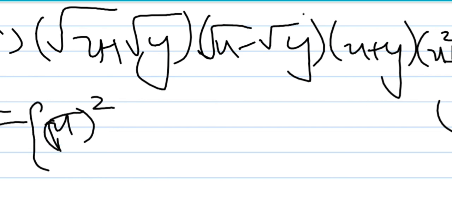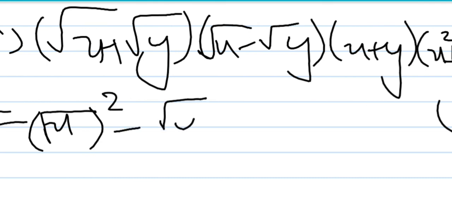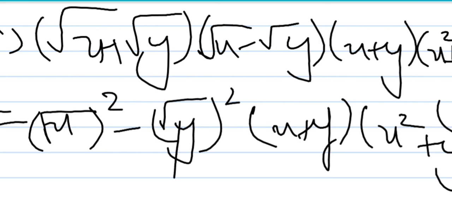We will just take these two first for the formula. I'm again writing it: under root x whole square minus under root y whole square into x plus y into x square plus y.